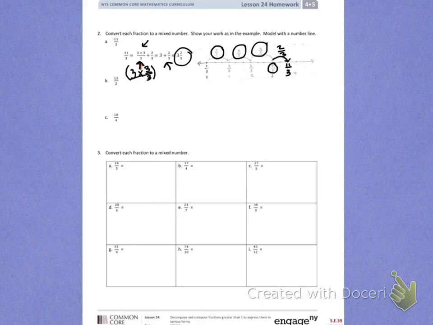So I'm going to start by looking at a number line. And since I'm looking at 12 over 2, which is 6, my number line is going to go from 0 to 7. 1, 2, 3, 4, 5, 6. And again, I need to go ahead and add a little bit more to that. 6, 7.